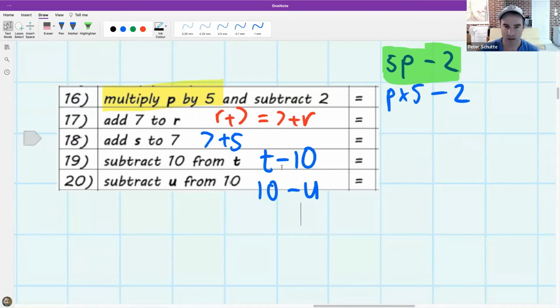So watch out. The word from is such a tricky word, especially if you're not someone who speaks English as your first or second language. From means to take from something. So you subtract u from 10. 10 is the thing that's being taken away from. Subtract 10 from t: you're taking away 10 from t.